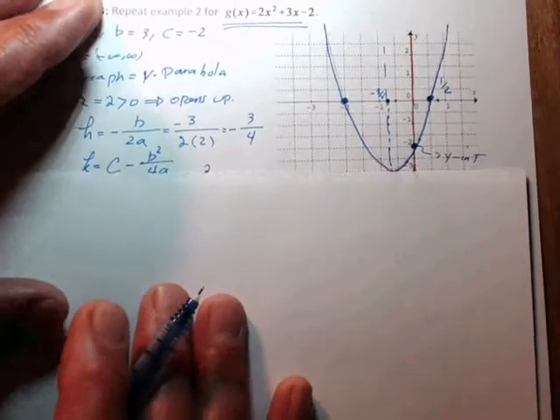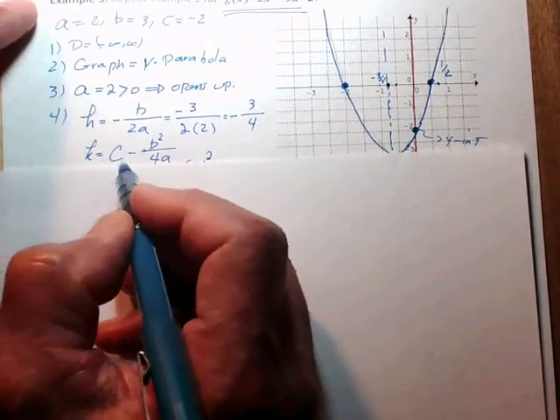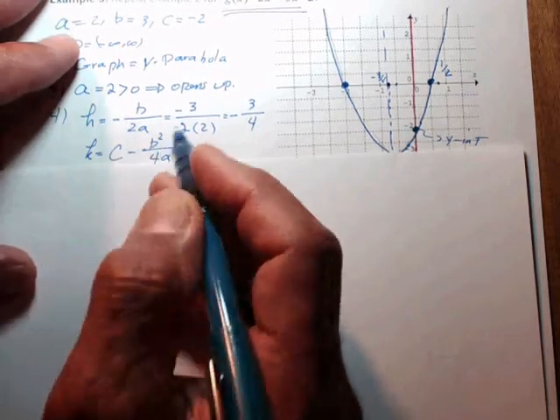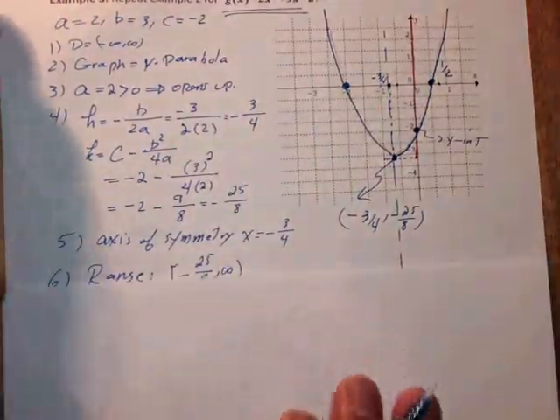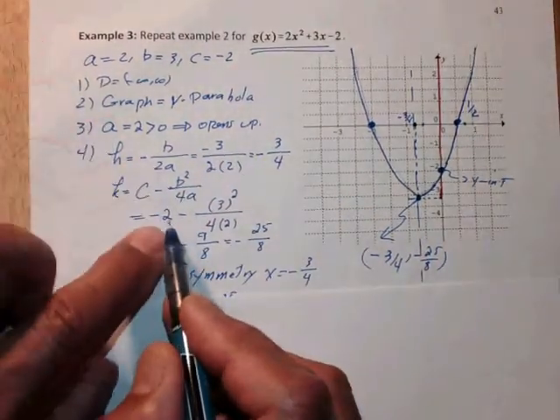And k, the y-coordinate of the vertex, is c minus b squared over 4a. c is negative 2, so I put it right there.